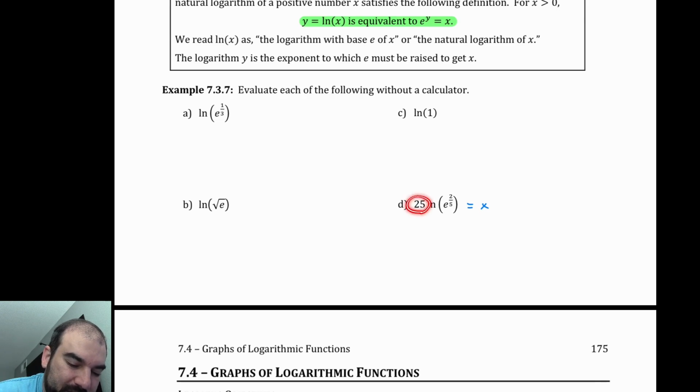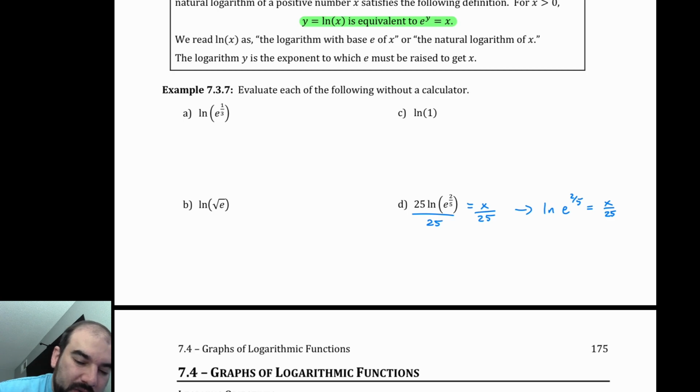We don't know what to do with the 25 while we convert from logarithmic to exponential form. So we're going to get rid of the 25 first. We're going to divide both sides by 25. So we get ln of e to the 2/5 equals x over 25.